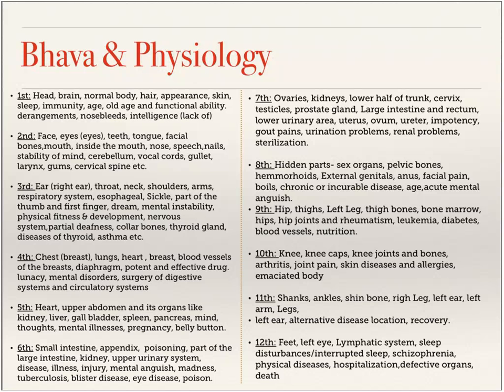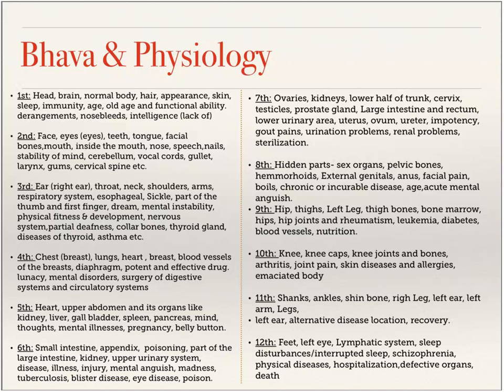And again, just as with Rashis, you can see each bhava has a physiology associated with it. So you can start to appreciate the complexity of astrology, let alone medical astrology, when you start to look at it, right? It's not just looking and saying, first house Gemini, Mercury, Aries sign.